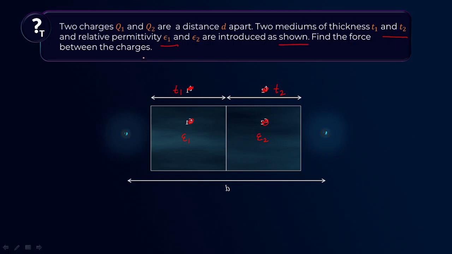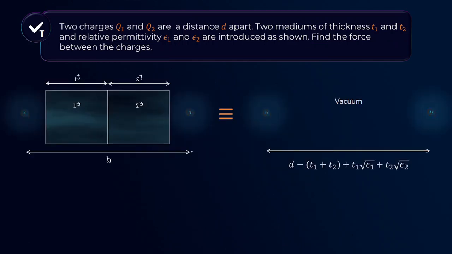Find the force between the charges. The separation is D, with charge Q2 on one side and charge Q1 on the other. What we have to do is find the effective separation and then put in the value. If I replace this complete part with vacuum, the total separation was D.